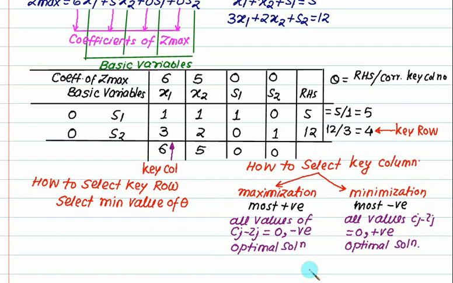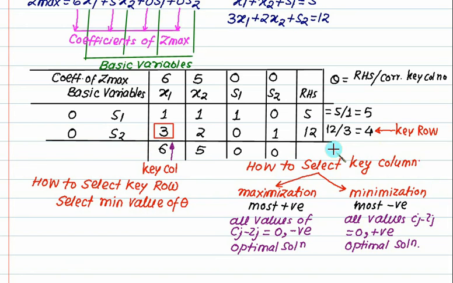So we have a key column and we have a key row. Can we find out the key element then? This element is called the key element, or many times it is also called the pivot element.